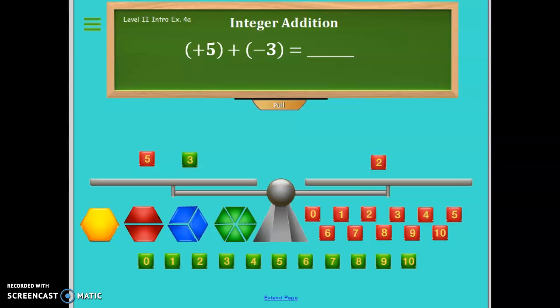Okay? For every 1 and negative 1, we have a 0, right? So for positive 5, it's really like 5 1s, right?